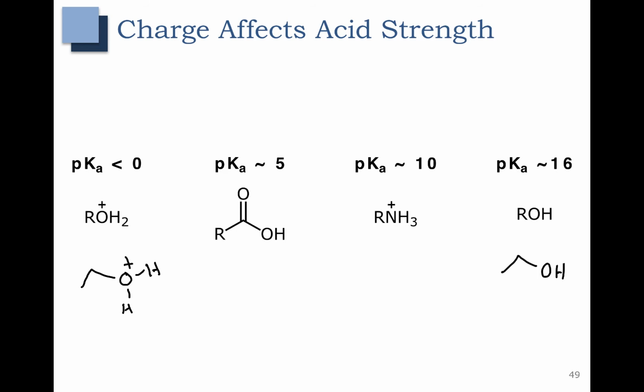If we compare these two molecules, the positively charged species is a stronger acid than the one that doesn't have a positive charge. Also look at the amine here. Notice that the amine is positively charged, and this is a stronger acid than an amine that is not positively charged.